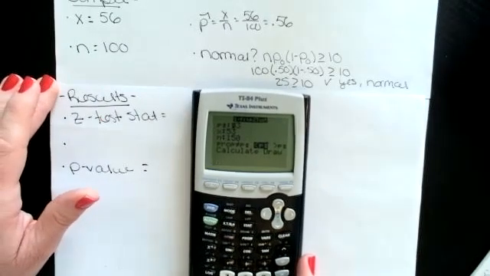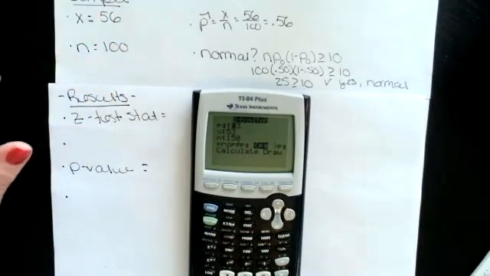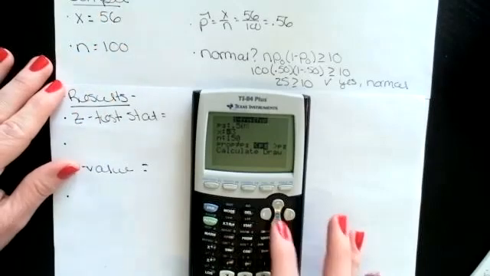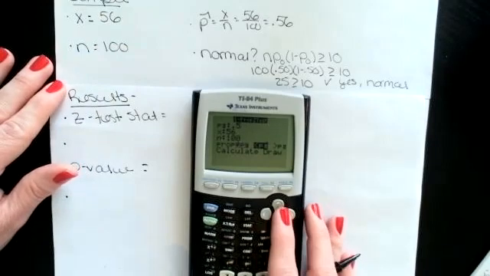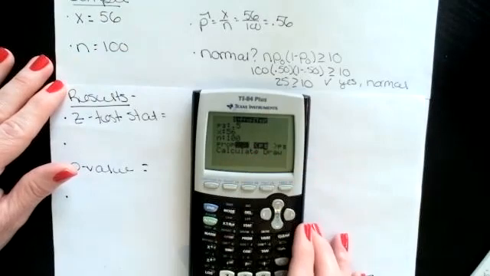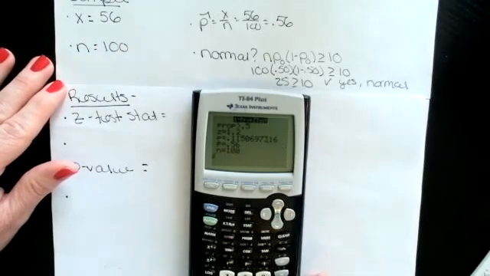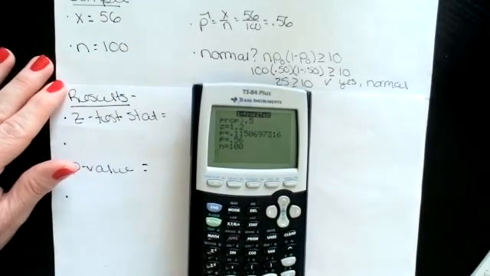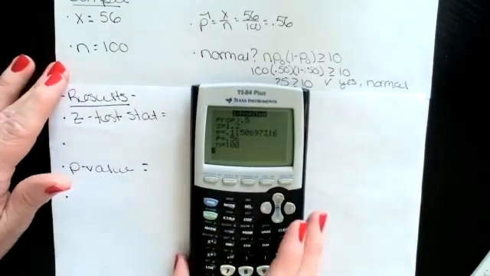So my P naught here, remember, that's from my null, that's 0.50. X is 56, N is 100. For this next line, I need to match the inequality to my HA. My HA is greater than, so I need to arrow all the way over to the right and select that one and then calculate. What I like about this is it gives me all my calculations at once and I don't have to do anything else by hand.